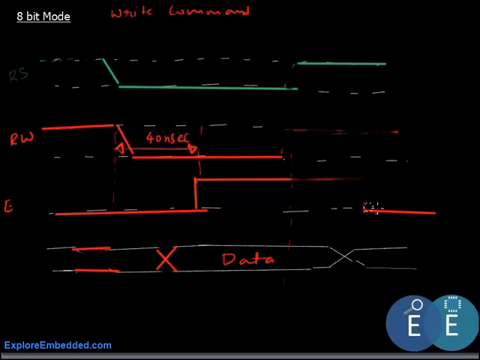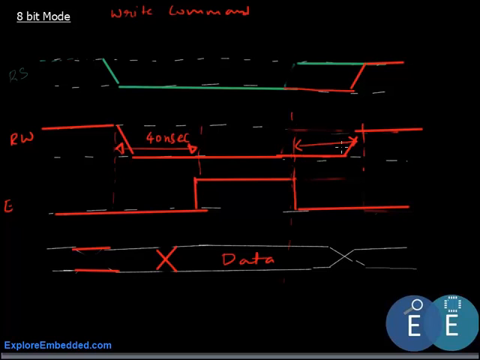Say our enable pulse ends here, and there is in fact a duration for the pulse as well. So let's say the pulse ends here, so all the lines should stay low for a certain time, and this time is called the address hold time. So this is PAS, this is setup time, and this is TAH, this is hold time, and the hold time is 10 nanoseconds.